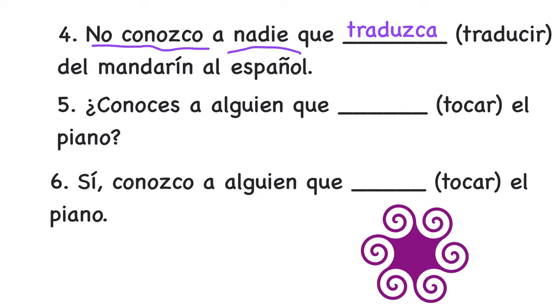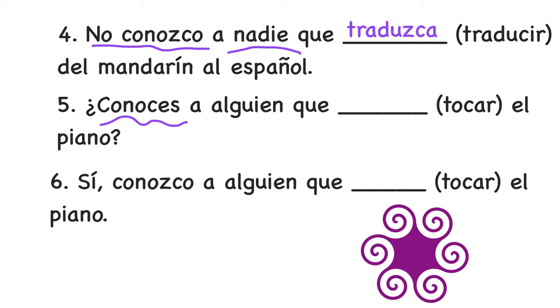Now, what about sentence number 5? ¿Conoces a alguien que tocar el piano? Do you know anybody who plays the piano? Now, this is a question, and even though it has the verb conoces, that could be a trigger of the subjunctive, okay? That is not the most important thing in this sentence. The most important thing is that it is a question. It means we don't know the answer.